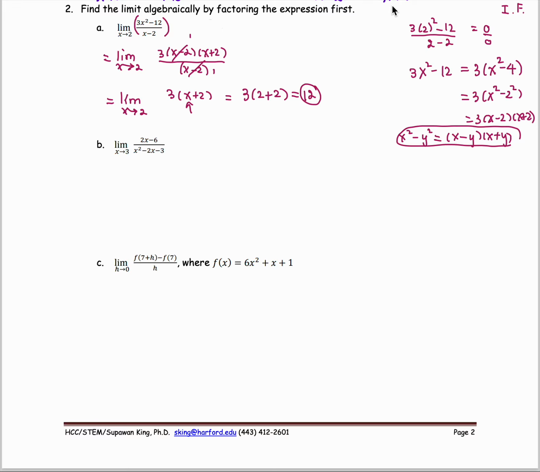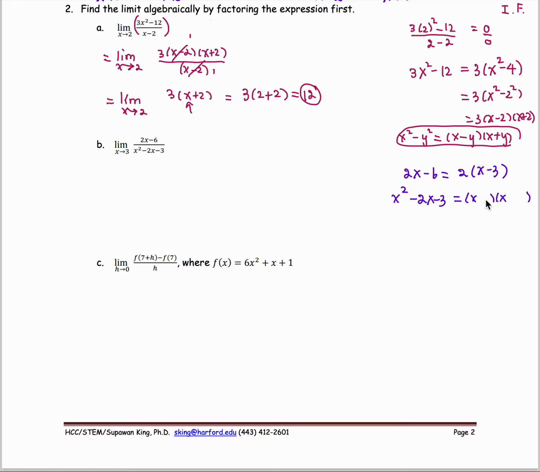In a similar fashion, we have the numerator 2x minus 6. We see the greatest common factor 2, so we factor it to be 2 times (x minus 3), where the denominator is x squared minus 2x minus 3. It can be factored using the factoring skill: x squared is from x multiplied by x.